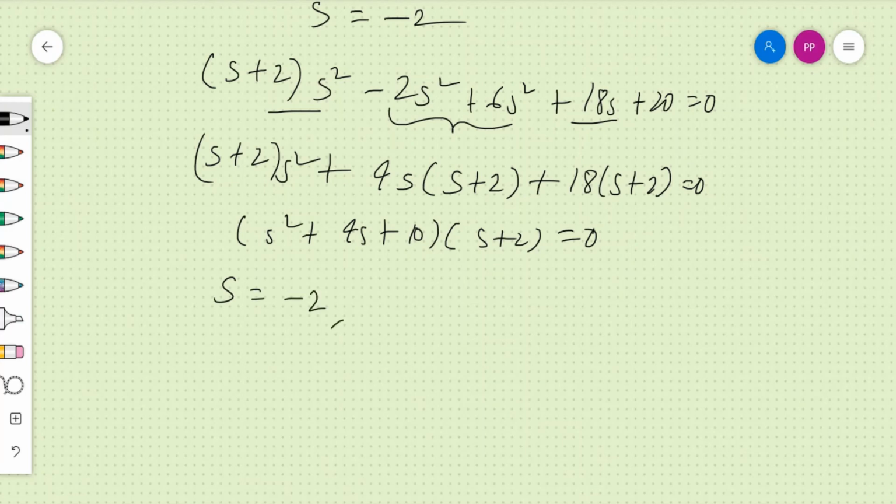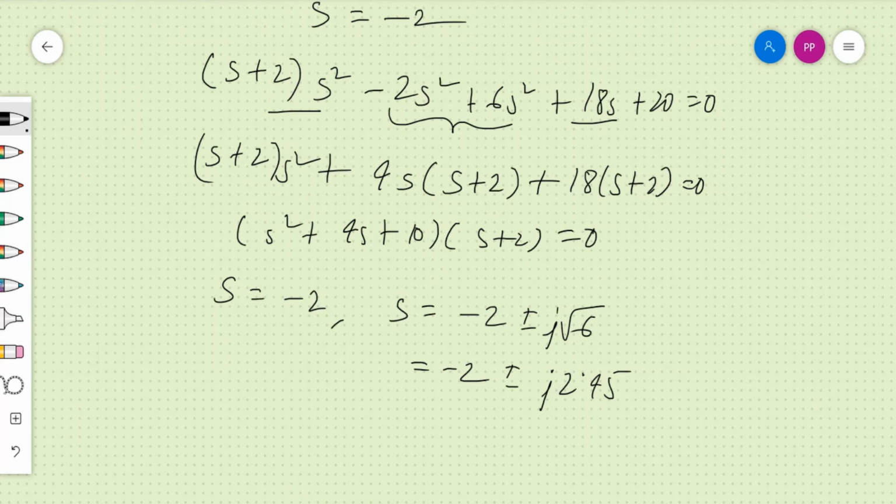Another root of s is minus 2 plus minus j root 6, which is nothing but minus 2 plus minus j 2.45. So this is the breakaway point.